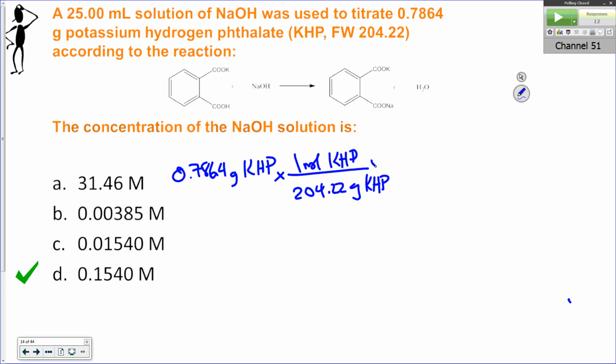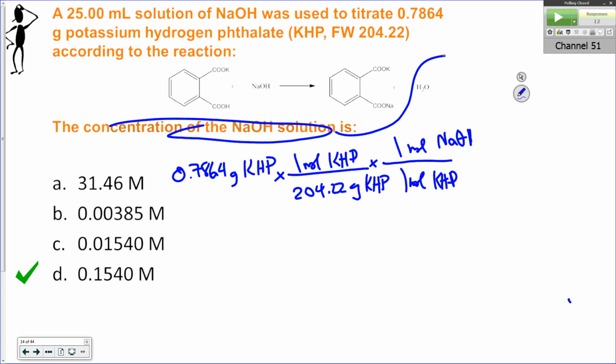The stoichiometric relationship is 1 mole of KHP for 1 mole of NaOH. I'm looking for molarity. Okay, so I want to know what is the concentration of this in molarity. So that means I need moles of NaOH for a liter of solution. I've got moles. Now I just need to divide by the volume.